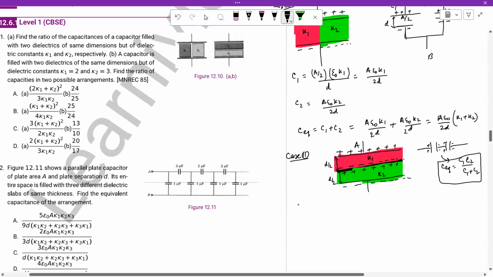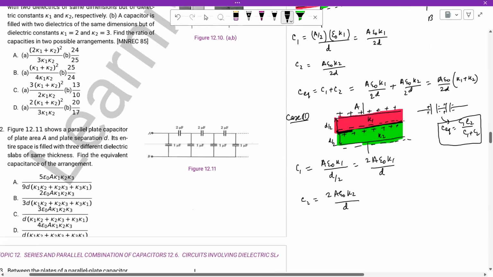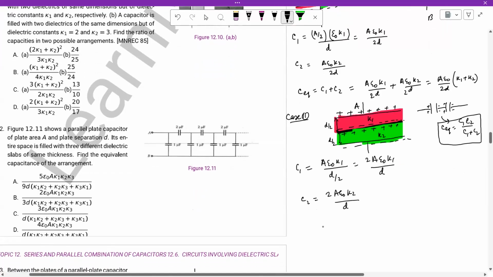So now C1 would be A epsilon naught K1 by D by 2, which is this 2 will go upstairs. So 2 A epsilon naught K1 by D. C2 would be 2 A epsilon naught K2 by D. If we calculate the equivalent, let's say this is C equivalent prime.